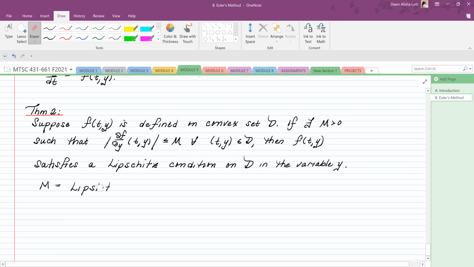Okay, so that looks pretty good to me. Basically, I'll have a unique solution if f is Lipschitz, but if I can show that the partial of f with respect to y is bounded, then f is Lipschitz, but by the previous theorem, that means it has a unique solution. Well, that looks good to me.